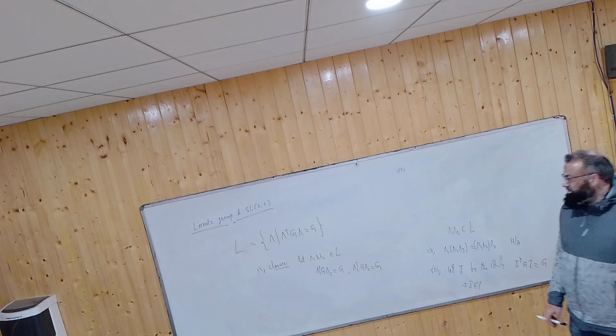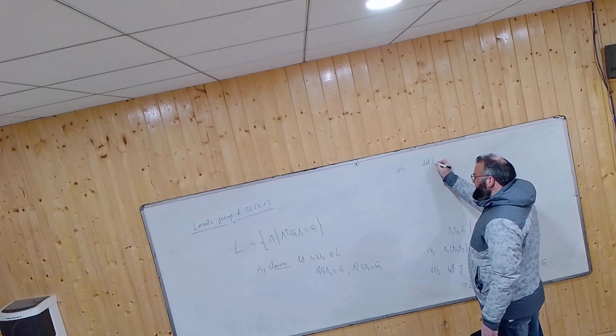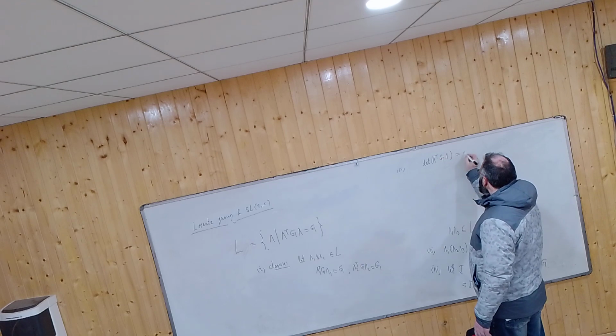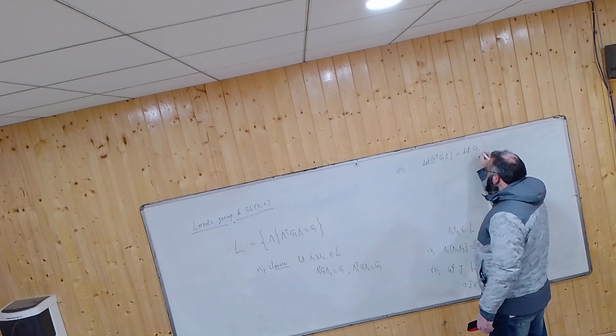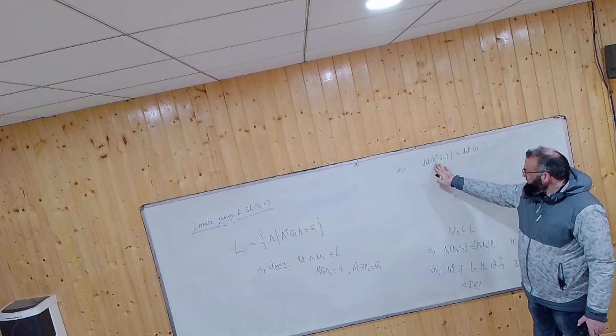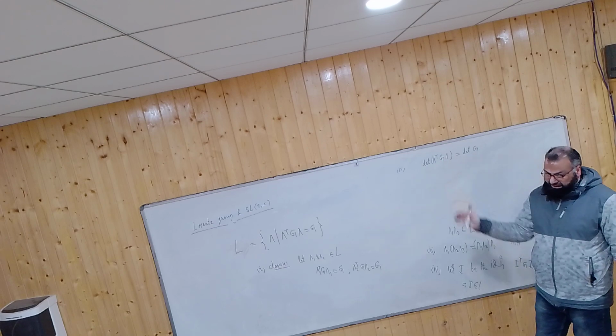Clear? So now let's check the determinant of lambda transpose G lambda, which is equal to the determinant of G. You take an element lambda that satisfies lambda transpose G lambda equals G, and take its determinant.